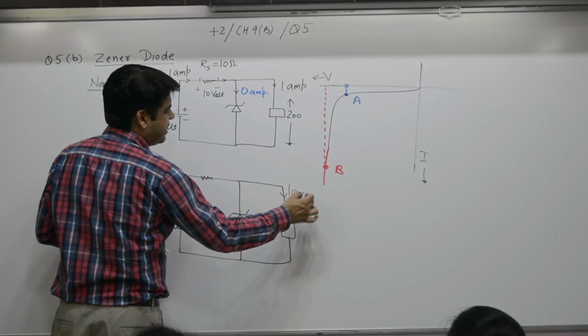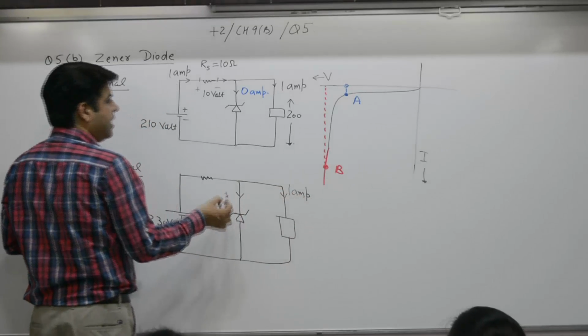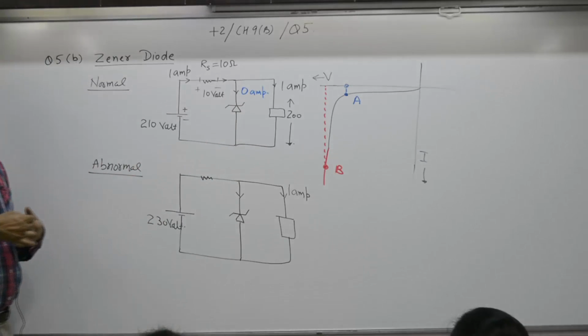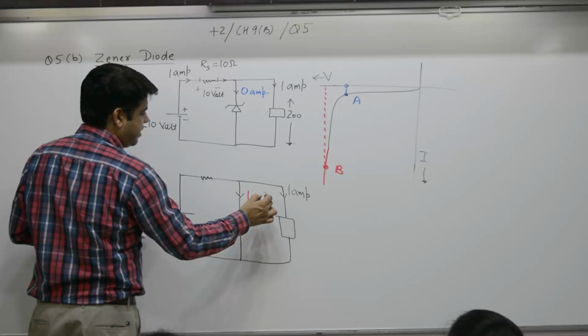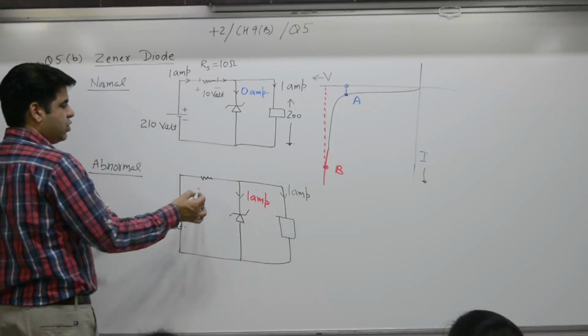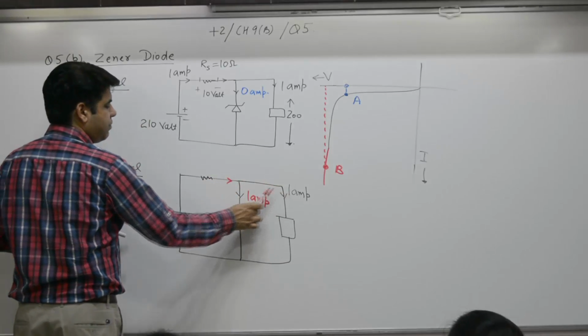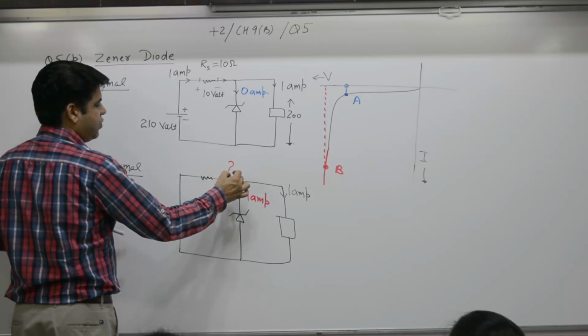But let me say it draws 1 ampere and earlier the current drawn was 0. Now current drawn by Zener diode is not 0, it is 1 ampere. So the total current drawn here is 1 plus 1, 2 amperes.